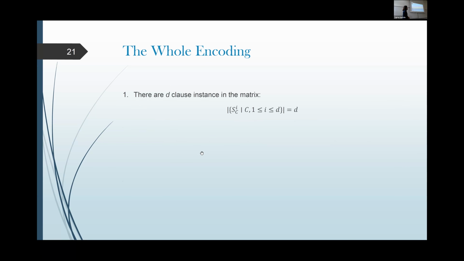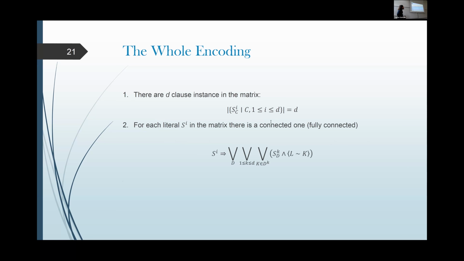Okay, so let's look at the encoding. The encoding of there being exactly 3 clause instances in the matrix is fairly easy. This is a pseudo-Boolean constraint. It's mostly supported by the SAT solver's built-in features. For having a fully connected matrix, it looks a bit intimidating, to be honest.